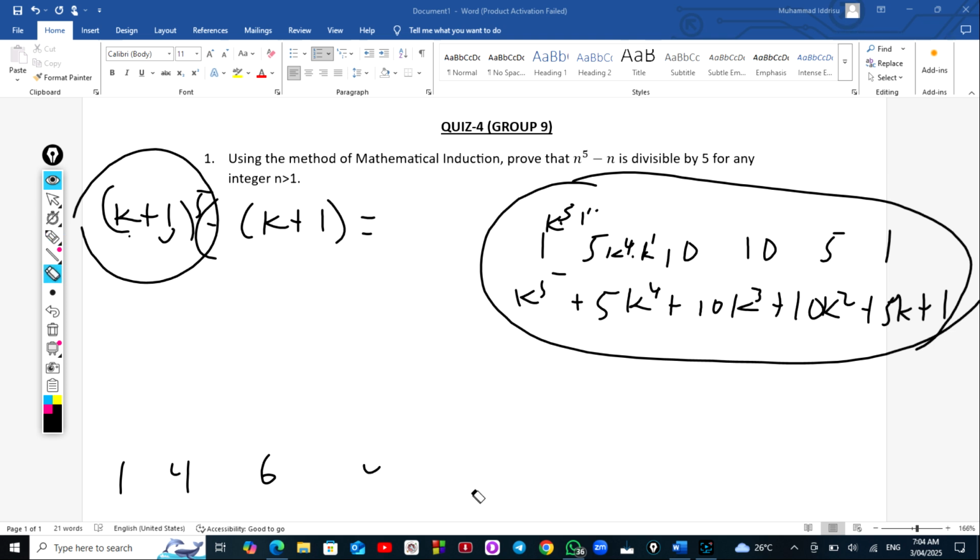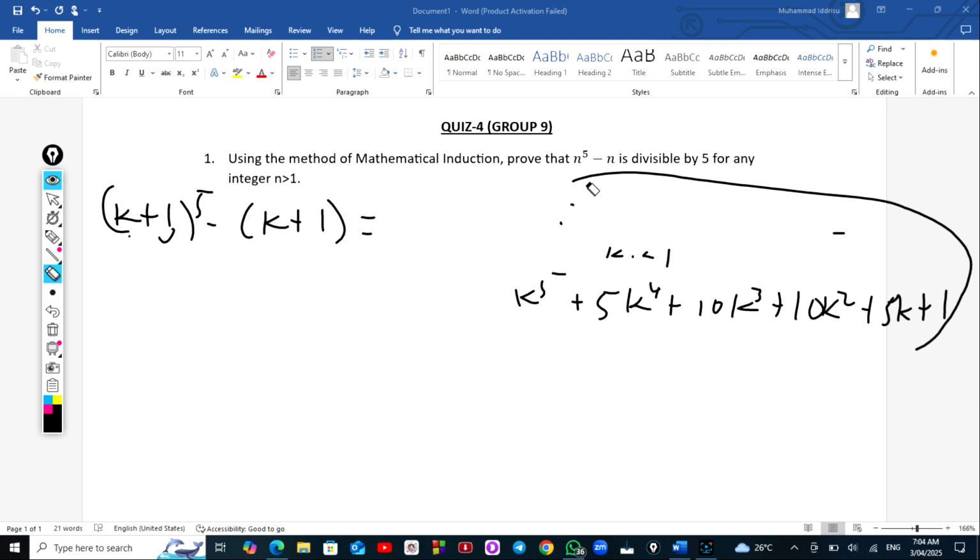So in place of k plus 1 to the power 5, we are now writing this.